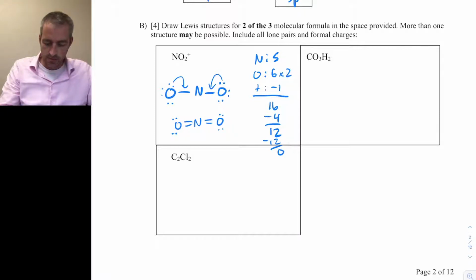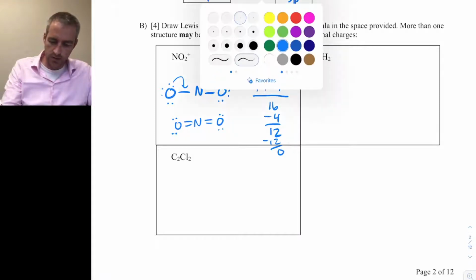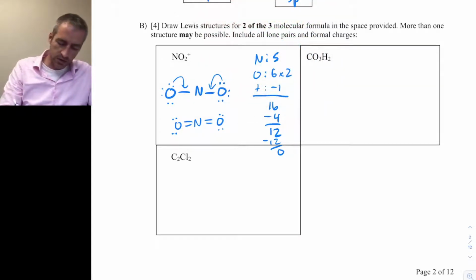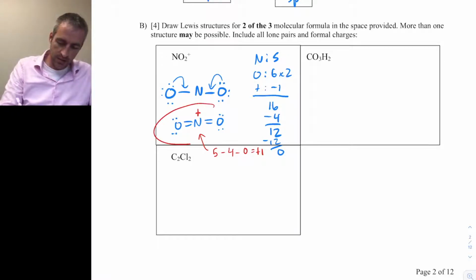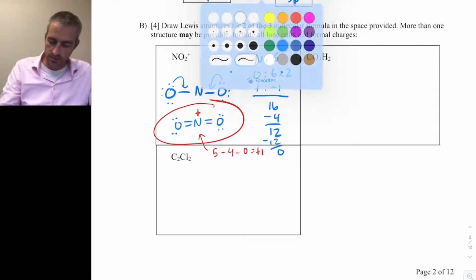And finally, we want to assign formal charges. The nitrogen will have a formal charge of its valence electrons, which is 5, minus the number of bonds, which is 4, minus the number of unshared electrons, which is 0, so plus 1, positive. The oxygens are both neutral. So that would be our preferred structure.